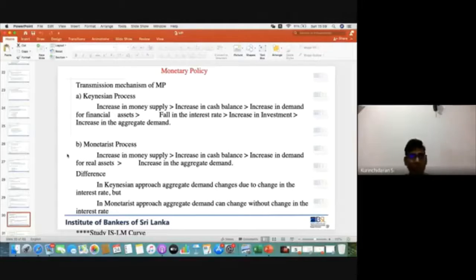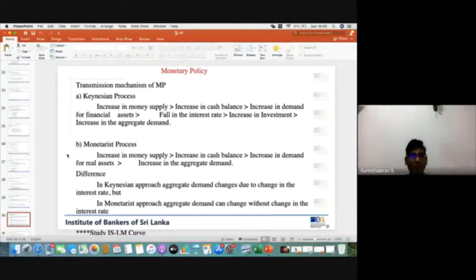But in a monetarist process, increase in money supply, yes, increases cash balance, but that increases the demand for real assets. So nothing happens to the interest rate. Automatically aggregate demand increases. So the difference between these two processes is, in the Keynesian process, aggregate demand changes due to change in the interest rate.